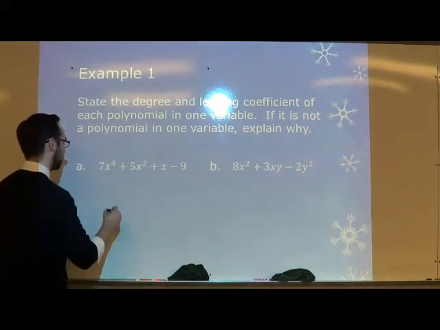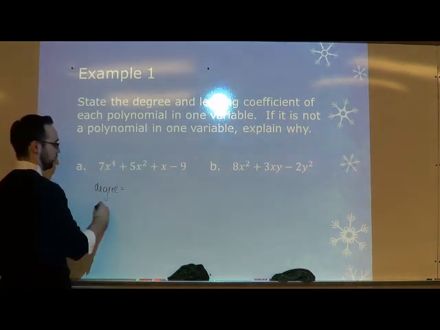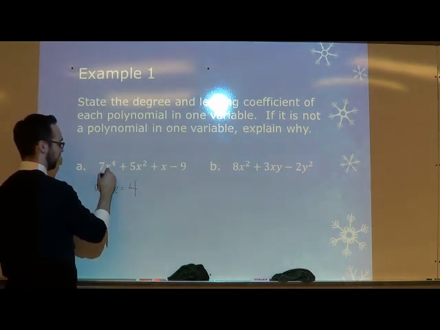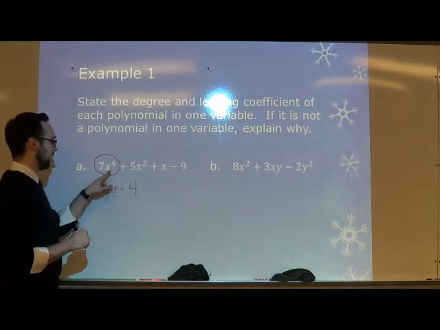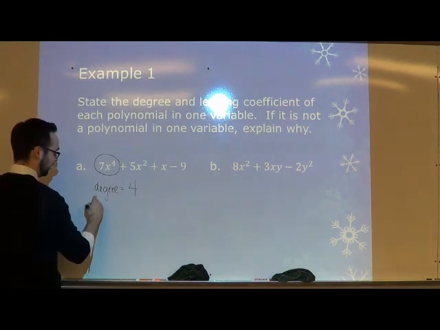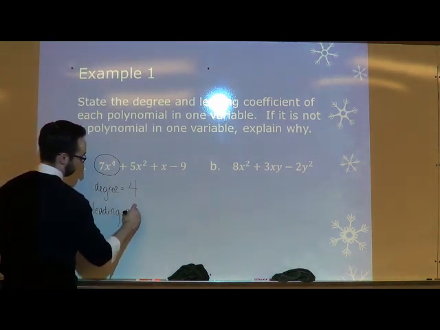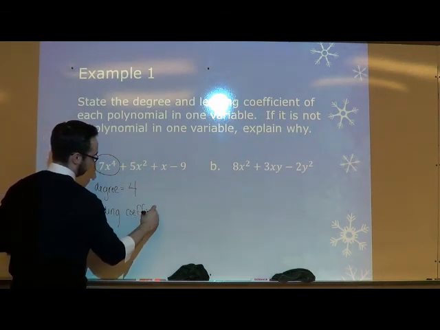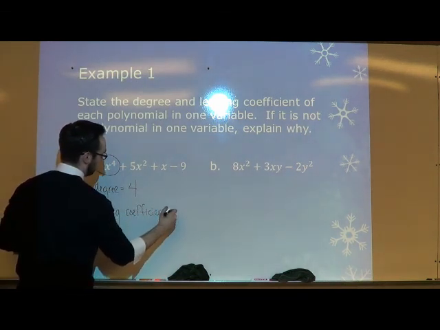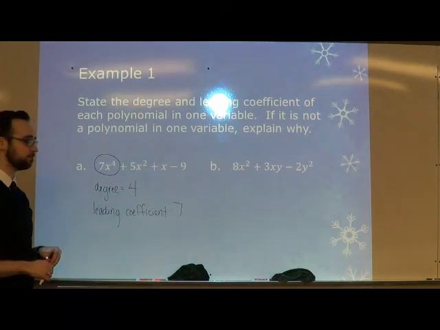So what is the degree of it? Well, the degree is going to be 4, because we're looking at this term here. It has the biggest exponent value of any of our terms. So what's the leading coefficient of that? The leading coefficient then would be the number out front, which is just 7.